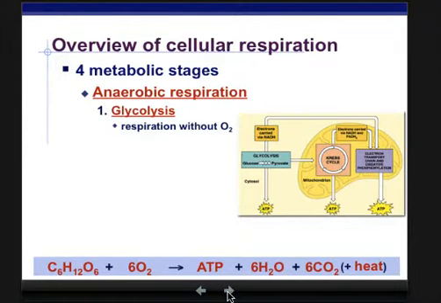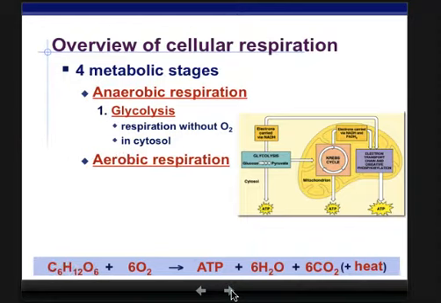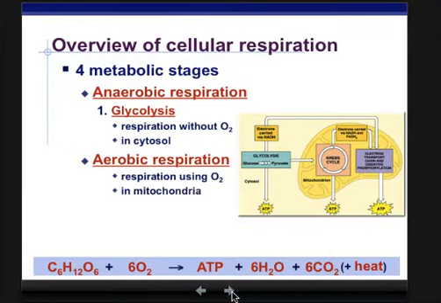So this is respiration, the part done without oxygen. We don't need oxygen for this part, and it's done in the cytosol of the cell. Then the aerobic respiration is the respiration that does require oxygen, and that occurs in the mitochondria.